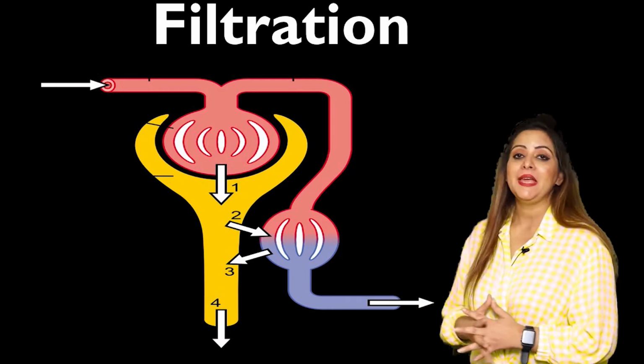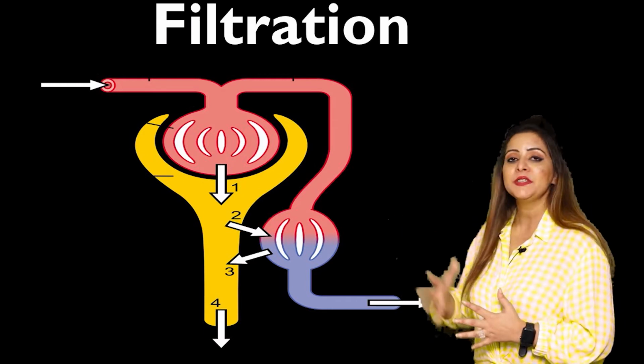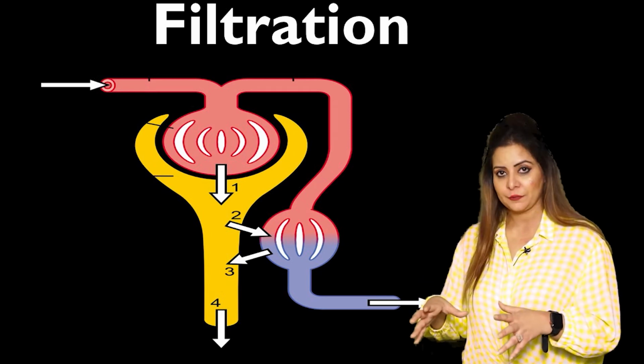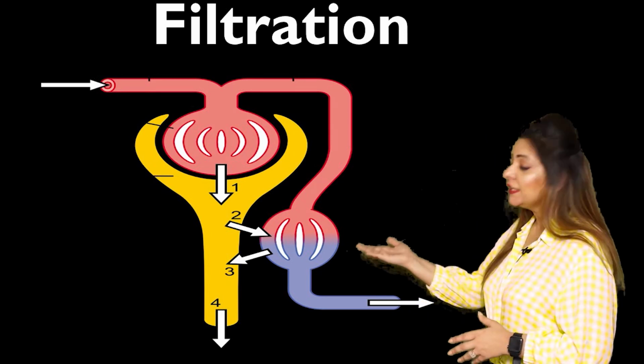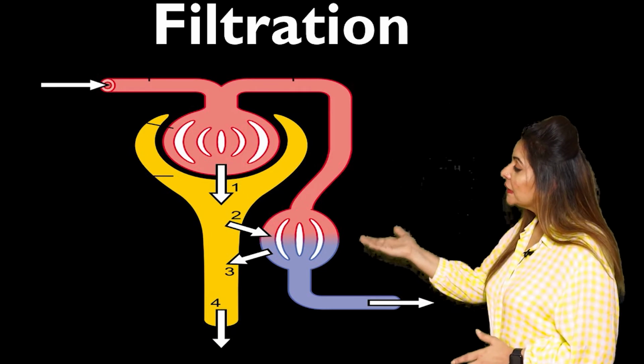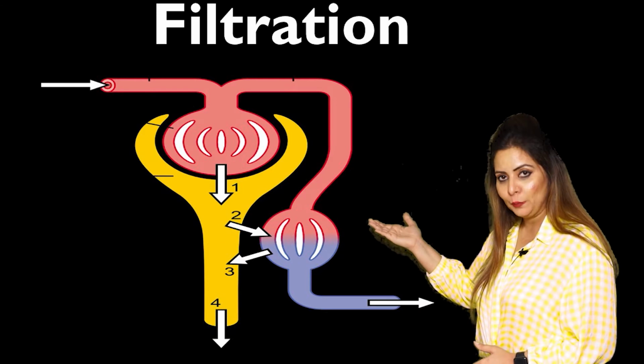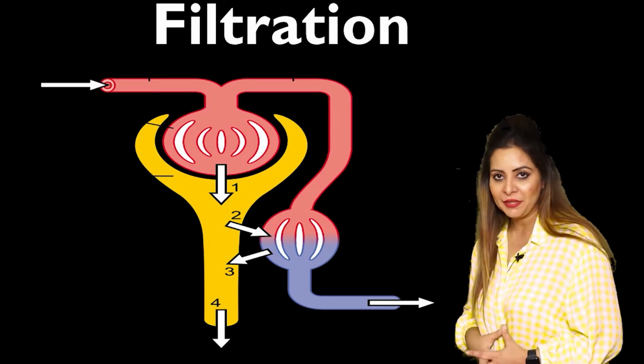So the first step is filtration. As the name suggests, during this step, something is going to filter out, right? So see the nephron now. You know that this is called as Malpighian body, that is the cup-shaped structure, Bowman's capsule enclosing the capillaries.